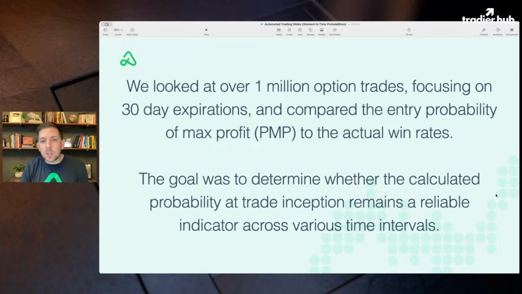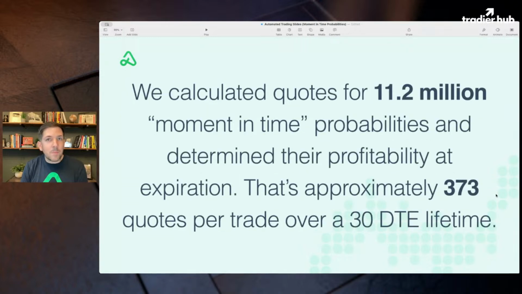Now, the goal again was to determine whether the calculated probability at the trade inception remains reliable across the various intervals. And so what we ended up doing is not just taking the entry and exit, we also calculated 11.2 million moment in time probabilities through the expiration of that position. That means that for every position that we looked at, we took approximately 373 quotes per trade.